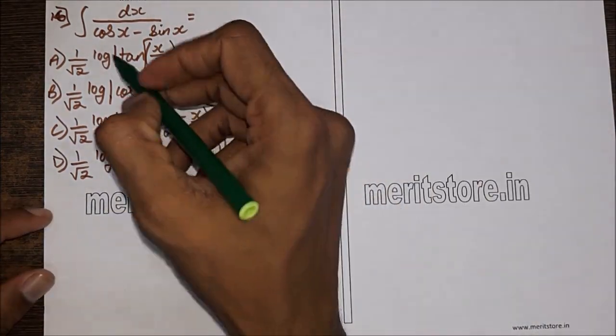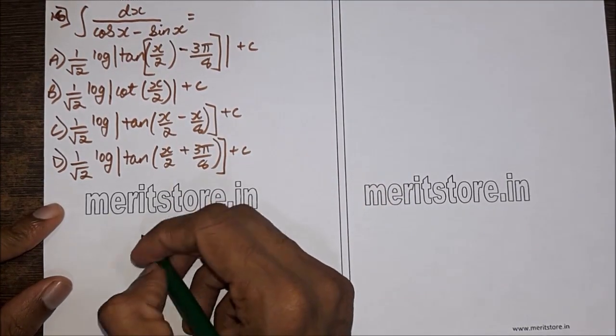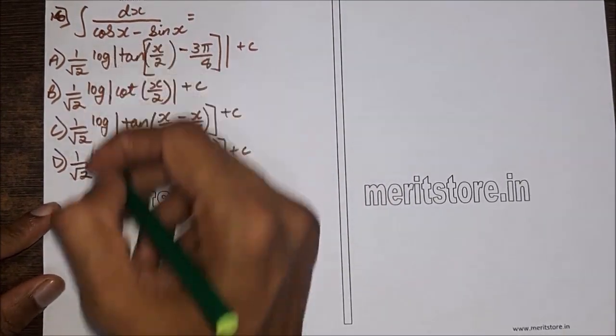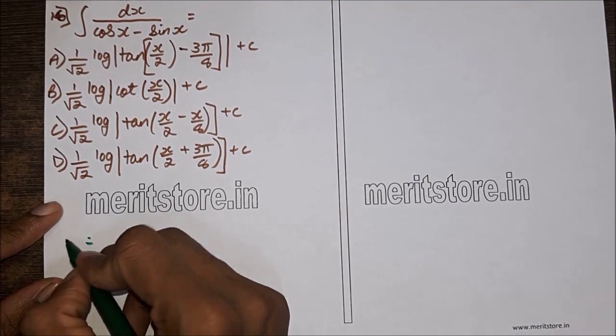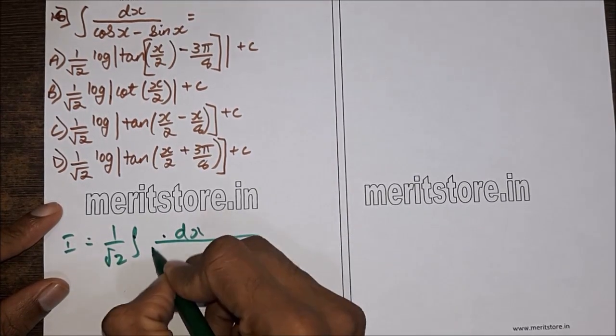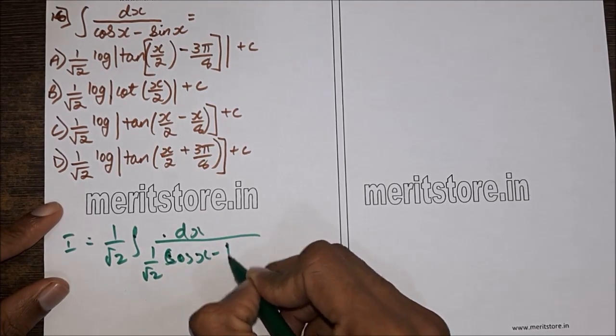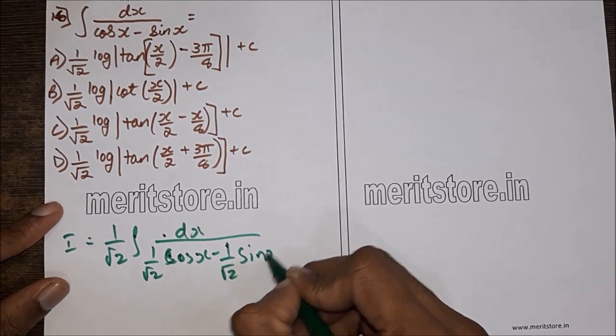Question 16. Integral dx upon cos x minus sin x equal to. We are given 4 options. We make a fine adjustment in the denominator. We can write I equal to 1 by root 2 integral dx upon 1 by root 2 cos x minus 1 by root 2 sin x.